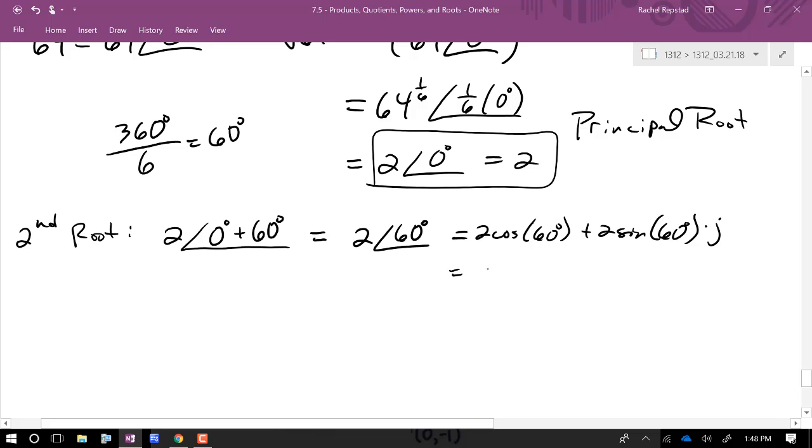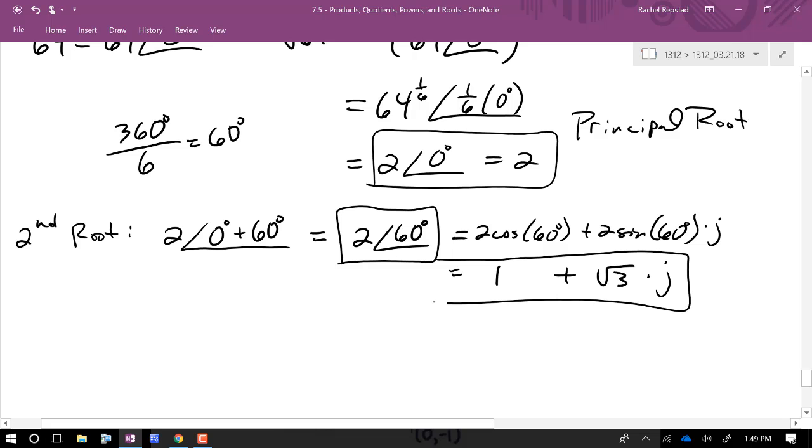Cosine of 60 is a half, so multiply that by 2 and we get 1. Sine of 60 is root 3 over 2, so we have root 3. So there's our second root in both polar and rectangular form.